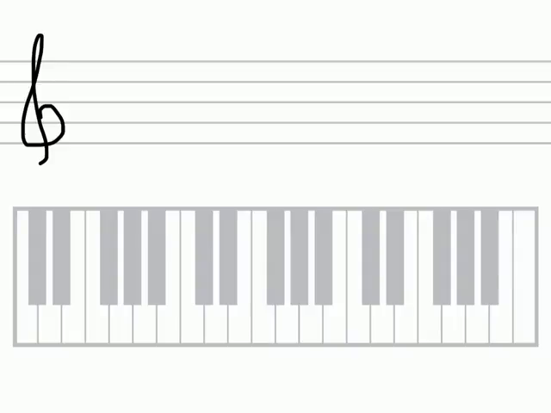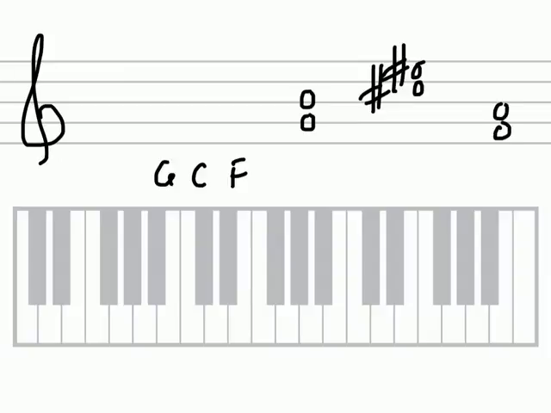So if the bottom is in the GCF group, so here's a third, here's another third, here's another third. The accidentals are the same here.